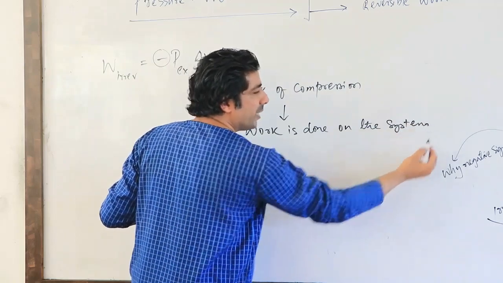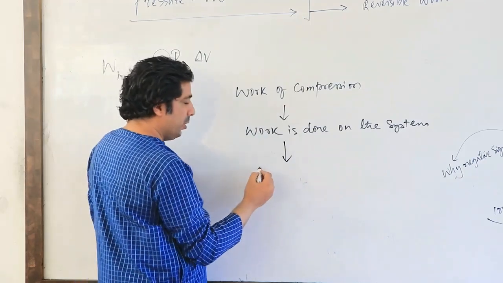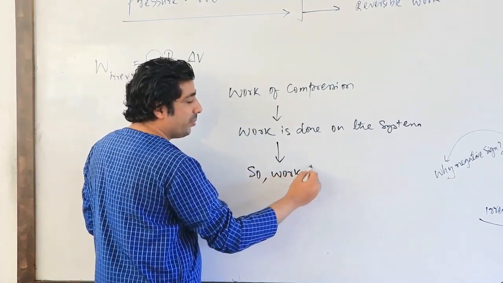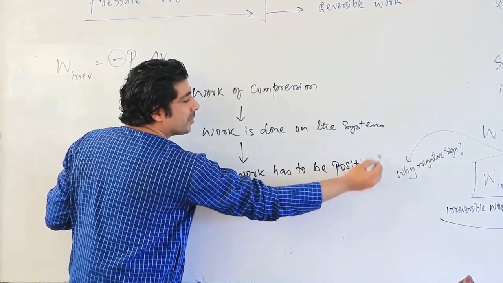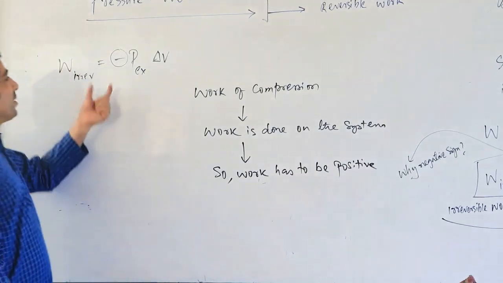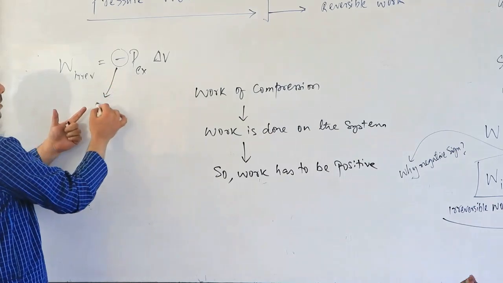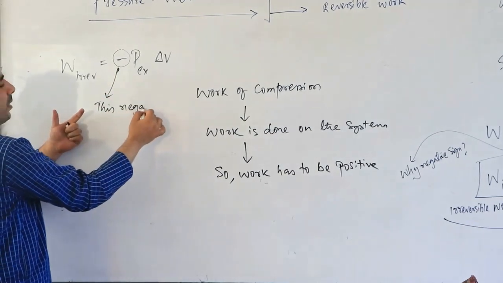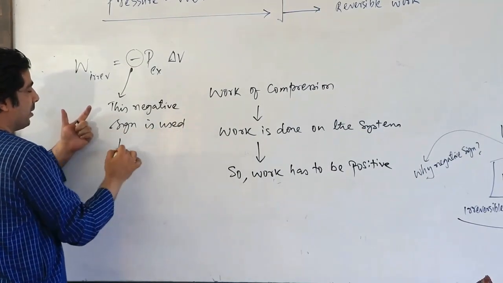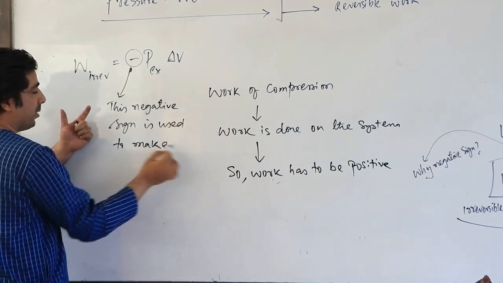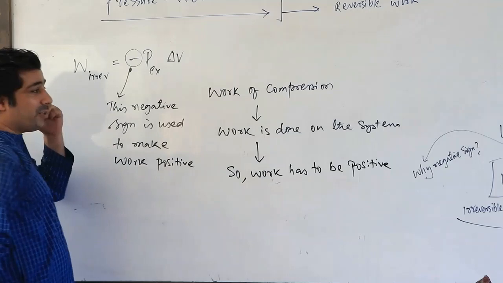So when work is done on the system, work has to be positive. That's why this negative sign is used to make the work positive. Now you will be thinking still that how the work will become positive.